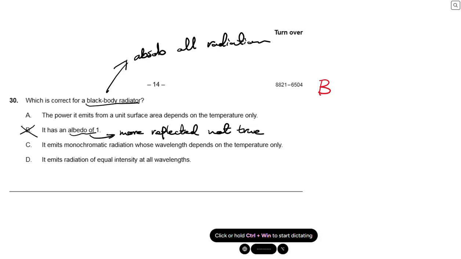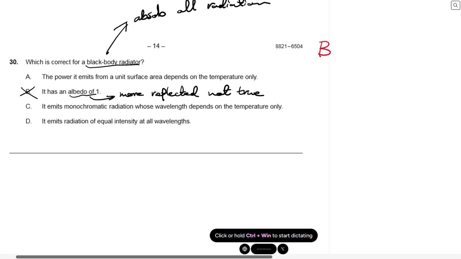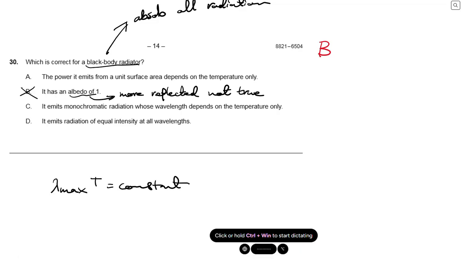It emits radiation of equal intensity at all wavelengths. Let's look at Wien's law: lambda max times T equals a constant, and at this lambda max you have a max intensity. So it does emit radiation at all wavelengths, that is true, but not of equal intensity.